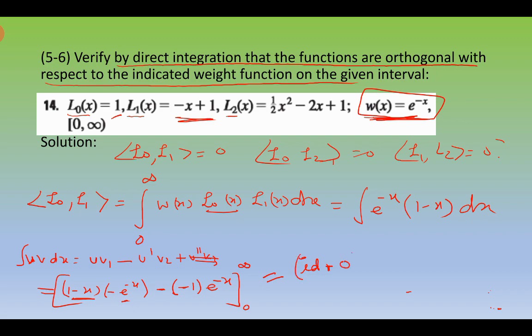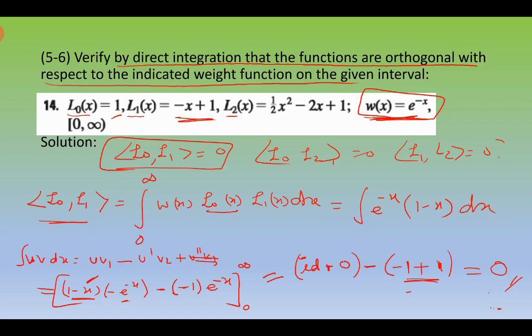Upper limit will give this one, indeterminate form and 0. There is nothing. Minus lower limit. X is 0 makes this term 0, but 1 is there. Minus e power 0 will be 1. So minus 1 plus e power 0 will be 1. So this is plus and minus 1, 0. Everything is 0. So the inner product of L0 and L1 is 0.